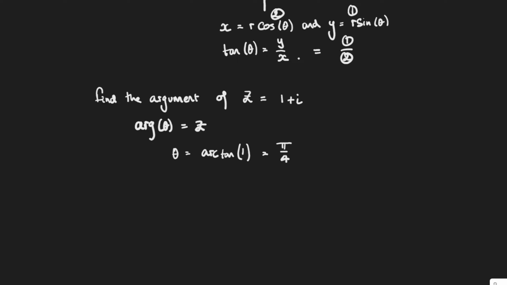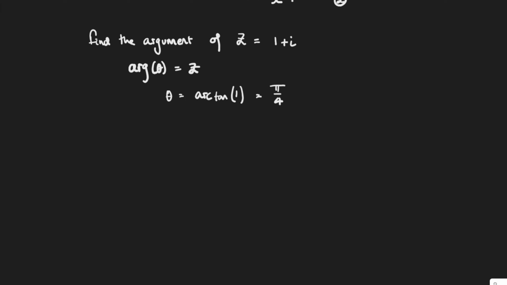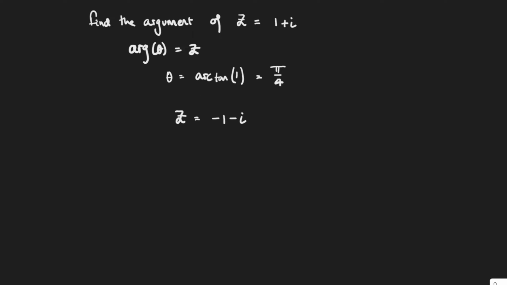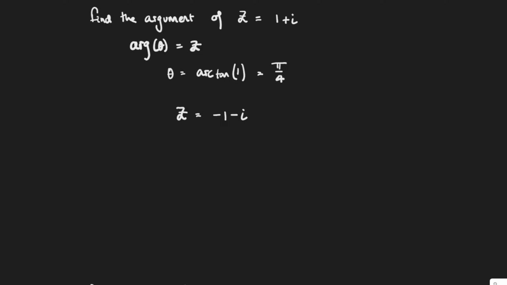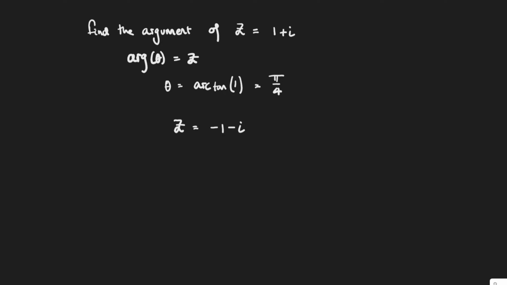However, if we were given this complex number instead, so we've got negatives here, would our value of theta be pi over 4, or would it in fact be 5 pi over 4?